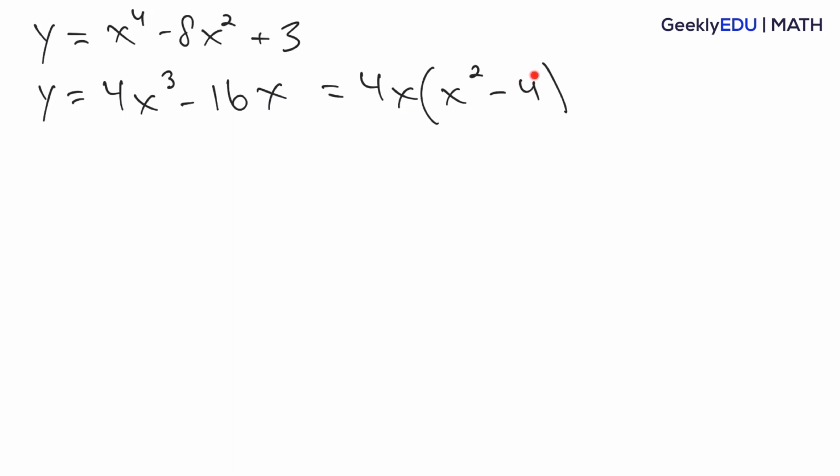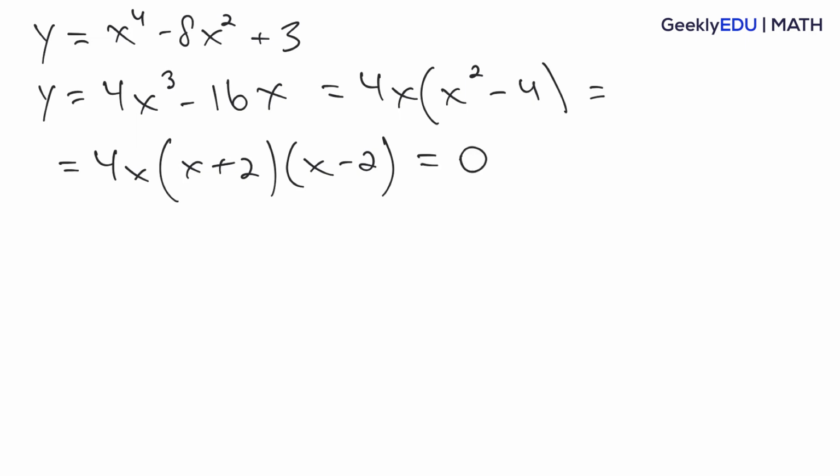Because 4 times 4x is 16x, and x squared times 4x is 4x cubed. And then this can be rewritten as 4x times (x plus 2) times (x minus 2). Now, because we want to find the inflection points, we have to set this equal to 0, because that's when the derivative, or the tangent, is flat.